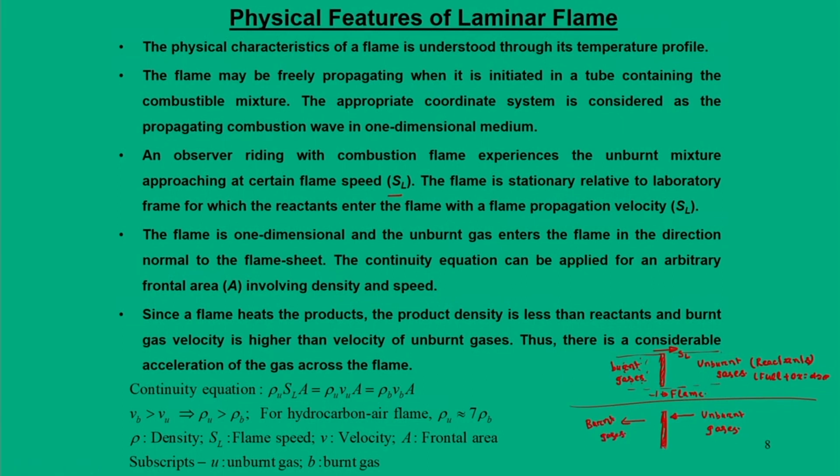And the entire event happens in this small thickness, which is nothing but the flame thickness. This viewpoint we call the laboratory viewpoint analysis, and this is with respect to the flame viewpoint.